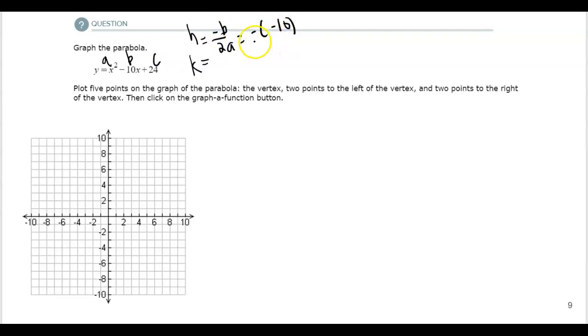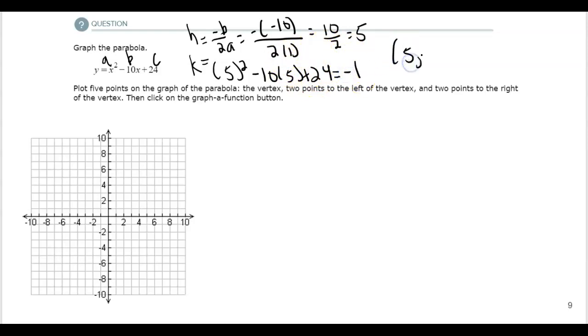My b is a negative 10. My h is 5, which makes my k negative 1.